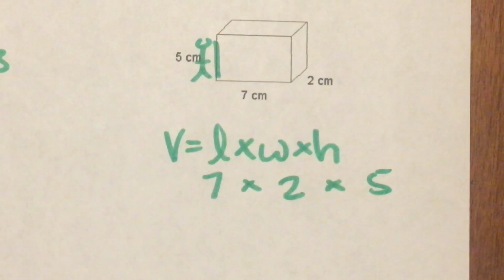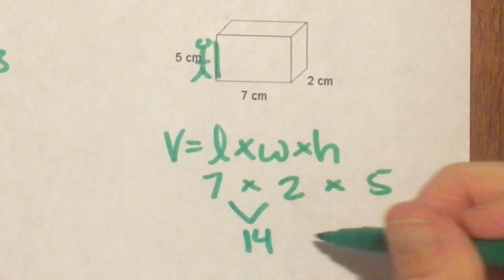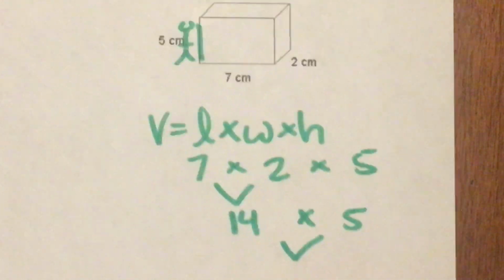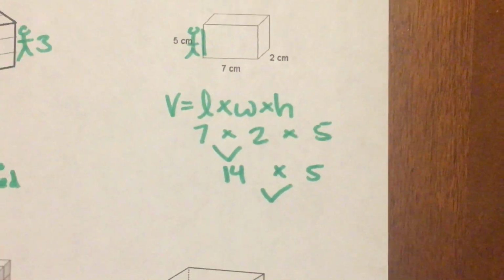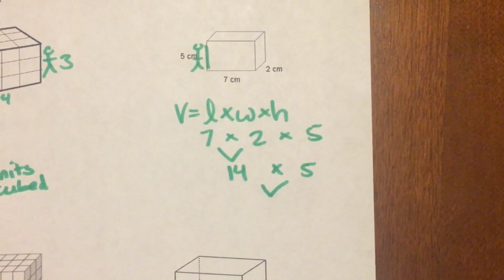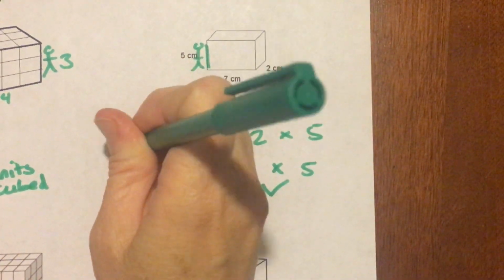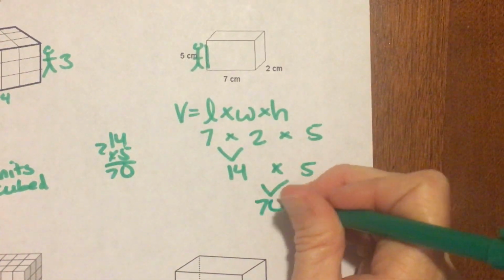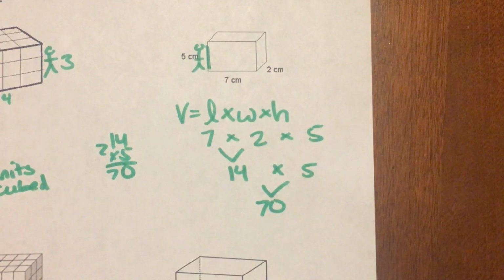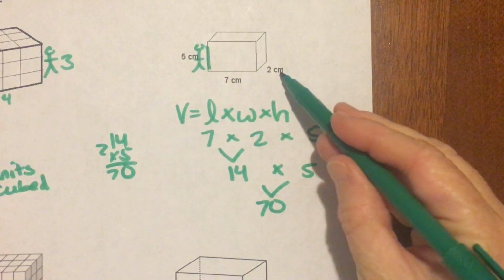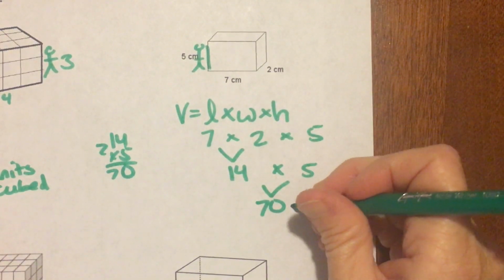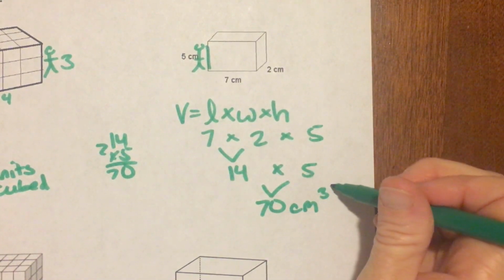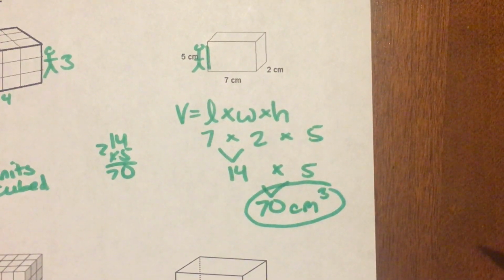So my next step is to solve one step at a time. Okay, if you get to something like this that you can't do in your head, just do some side work. Go to the side and figure out what 14 times 5 is if you can't do it in your head. And I'm getting 14 times 5 is 70. And my last step is take my measurement, which this time is centimeters, and cube it with a little exponent 3. So that's my answer for that one.